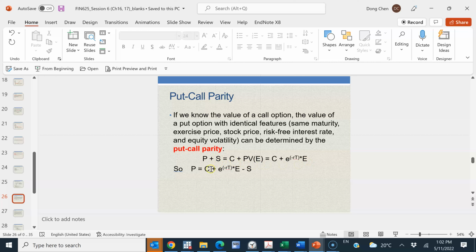So from this, we can solve out P equals C plus this E raised to the power of negative R capital T times E minus S.